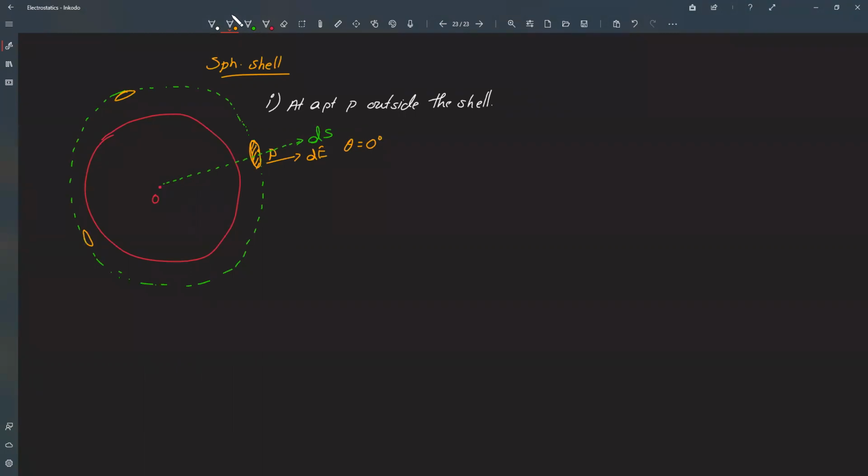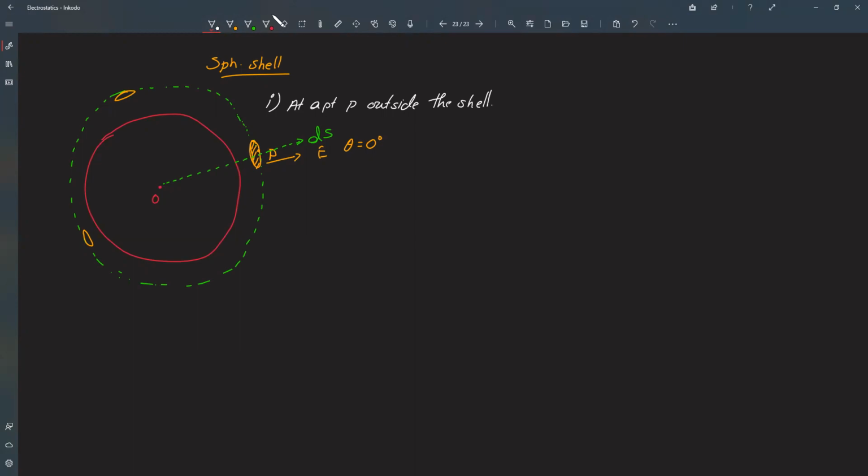And at any point, E will be equal to the charge placed at the center times k divided by r squared. So the electric field is also constant. That's why we are taking this Gaussian surface, so it is finalized.